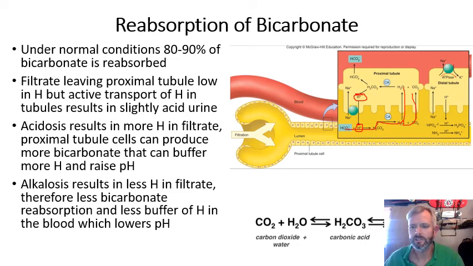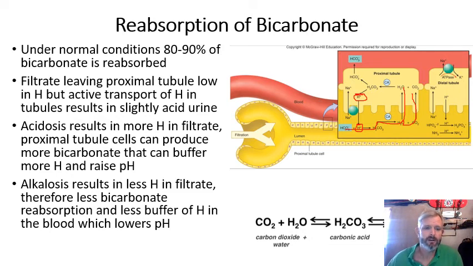If I do this pathway more, I'm going to reabsorb more bicarbonate. So by having acidic blood, I'm going to cause more reabsorption. Also, these cells can make bicarbonate and secrete it in, and they will do that in response to highly acidic blood.